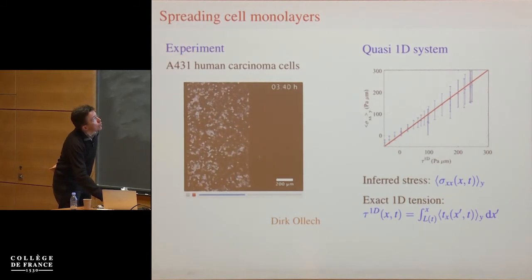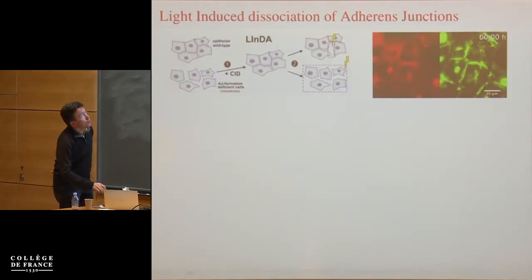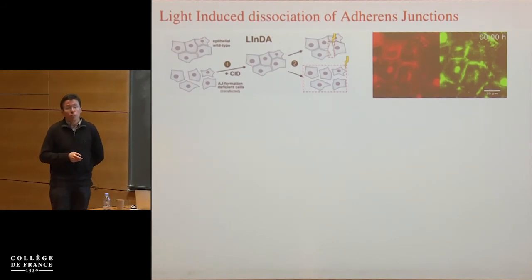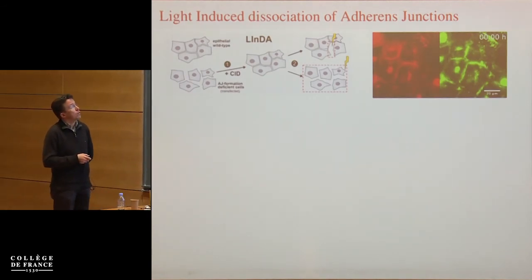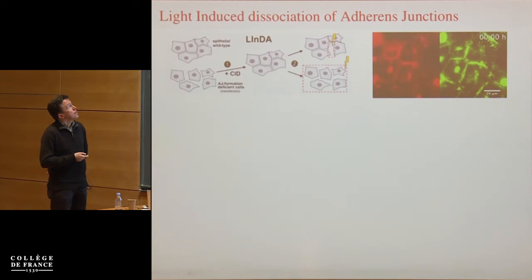Now, of course, the reason why we studied this system was not just to validate, but was to measure stresses, and in particular to measure tension with respect to variations of the properties of the tissue. Here I need to go a little bit into the details of adherens junctions, which are the adhesive structures that are responsible for part of the mechanical cohesiveness of tissues.